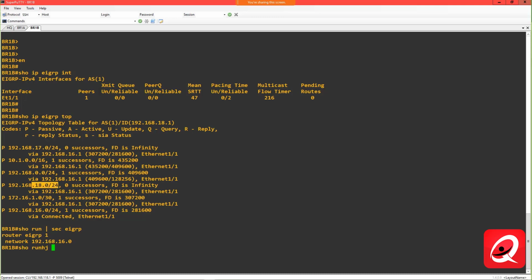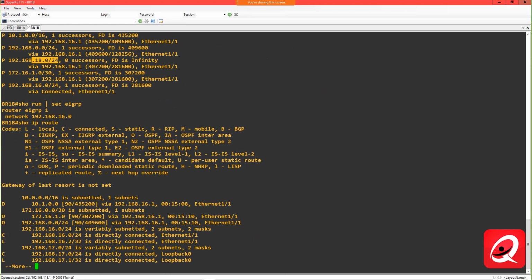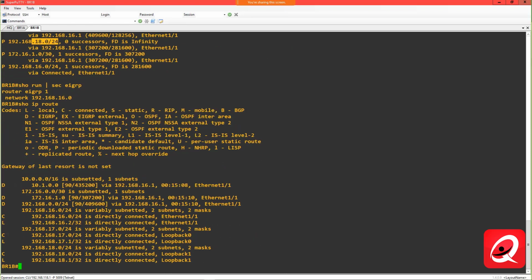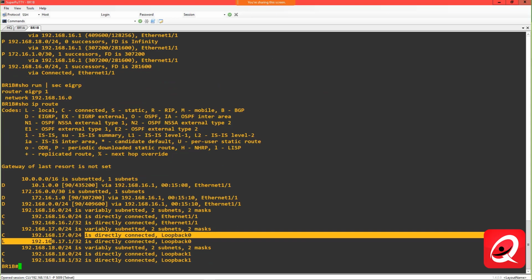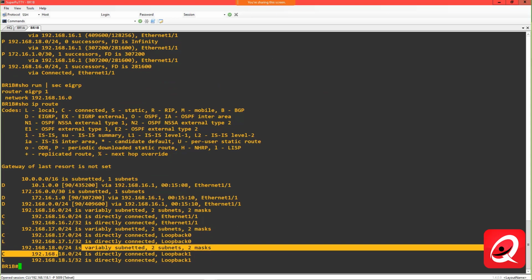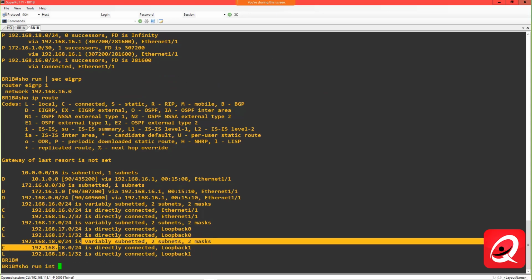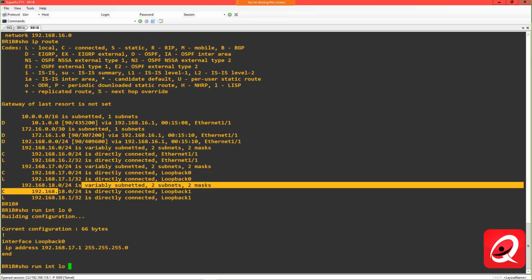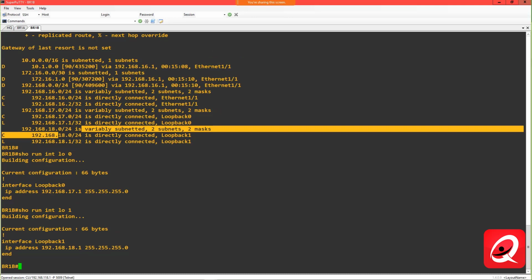So let me see. Obviously, if I do show ip route, we're going to see 17 and 18 as connected, directly connected and directly connected. Show run interface loopback 0 and show run interface loopback 1. Those are the two prefixes that we have on those loopbacks.